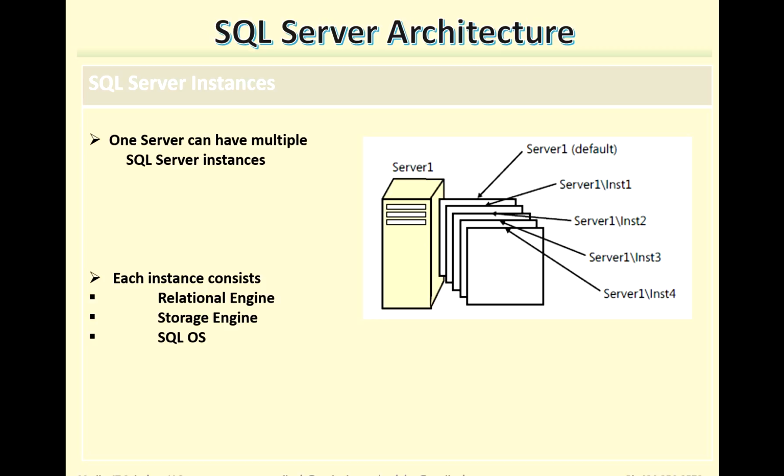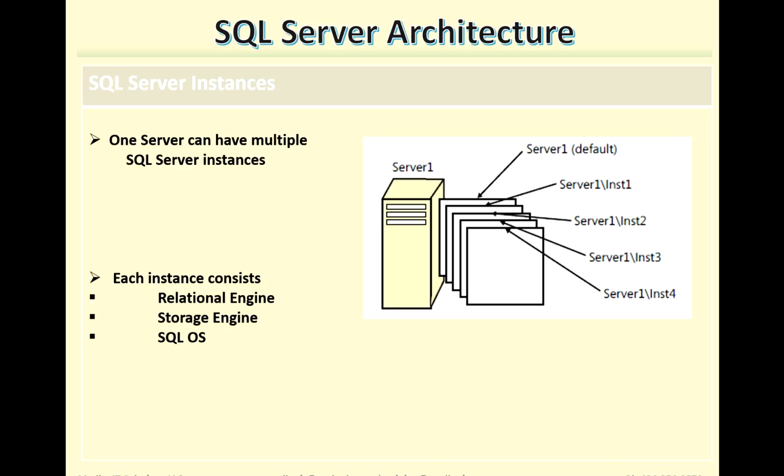When we write a query to pull the data or to do some activity on the server, the relational engine interprets our commands and performs the necessary action. That is the responsibility of the relational engine.